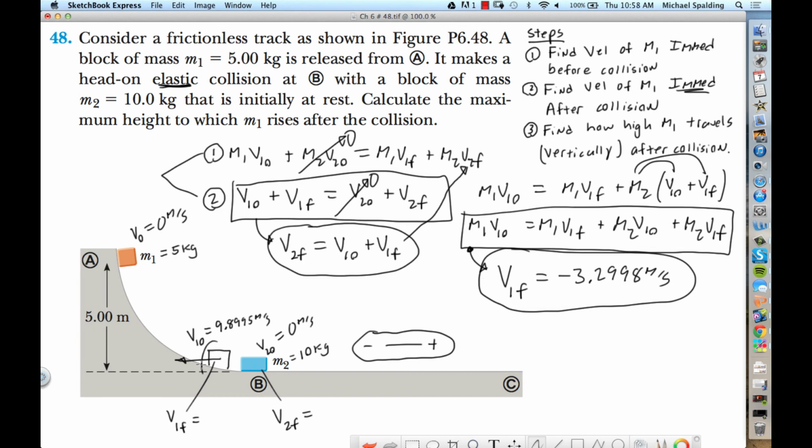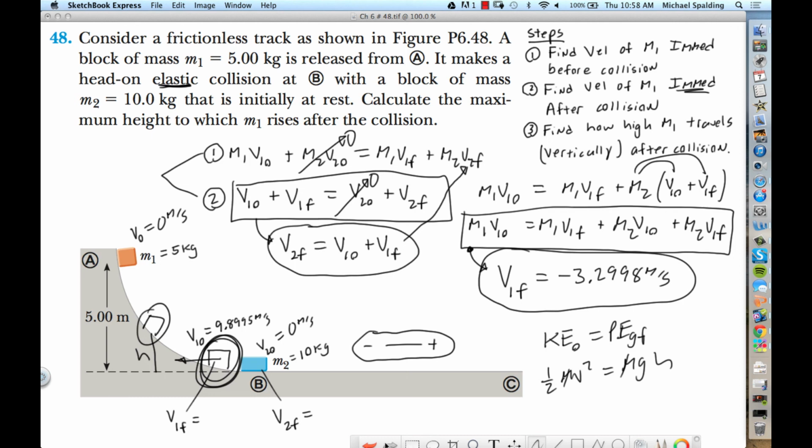So what type of energy does this have after the collision? Kinetic, and then the kinetic goes to potential, right? And we're looking for that h. So for step 3, you go kinetic initial equals potential of gravity final. That's 1/2 mv squared equals mgh.